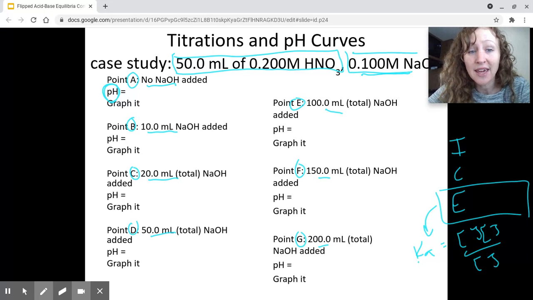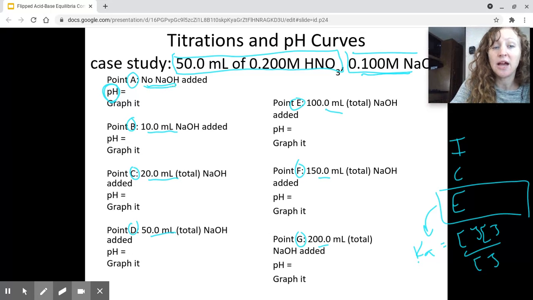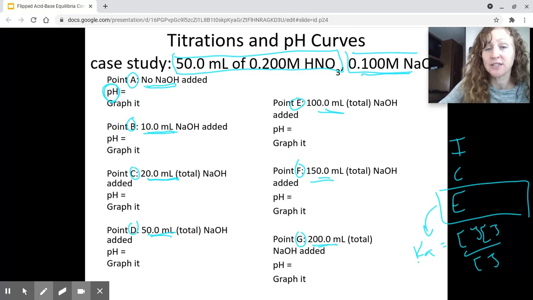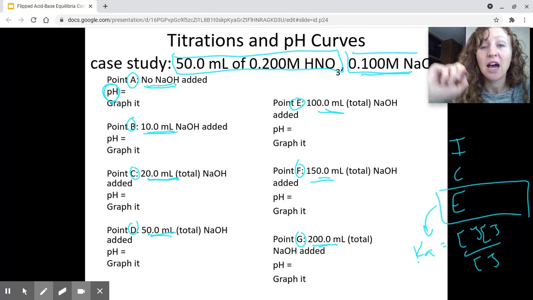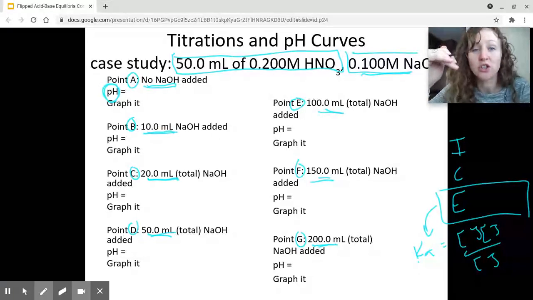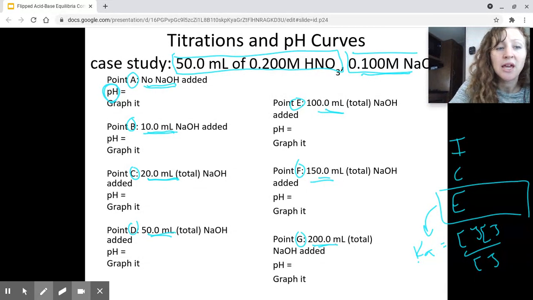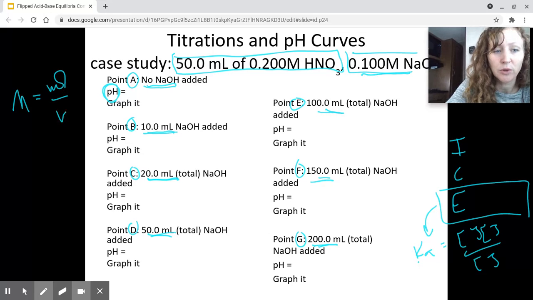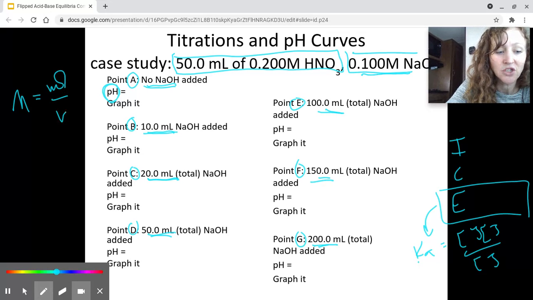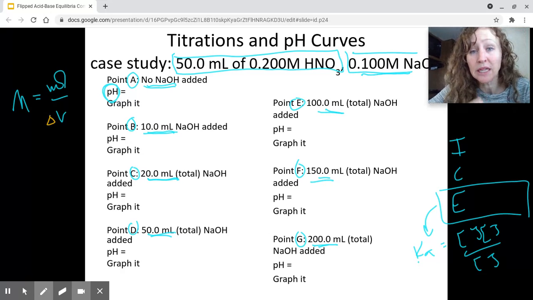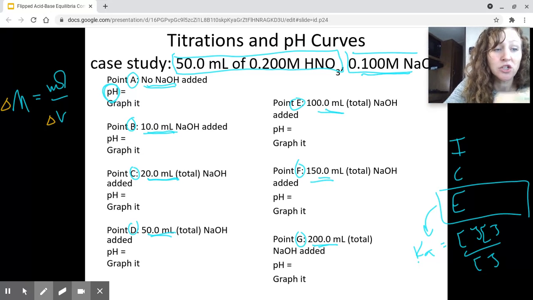Notice in this case, because we are adding a different volume of sodium hydroxide every single time, our total volume of the solution is going to change, and molarity is moles per volume. Well, if this volume is changing, then that means your molarity is changing.